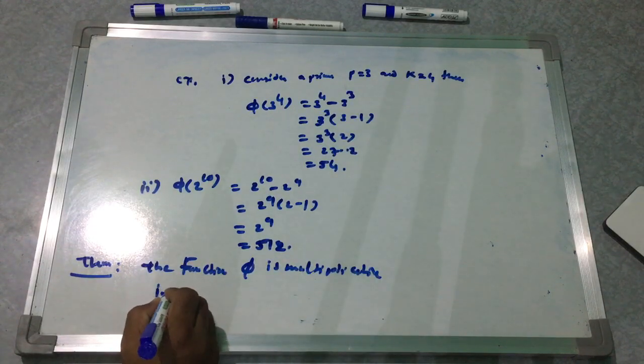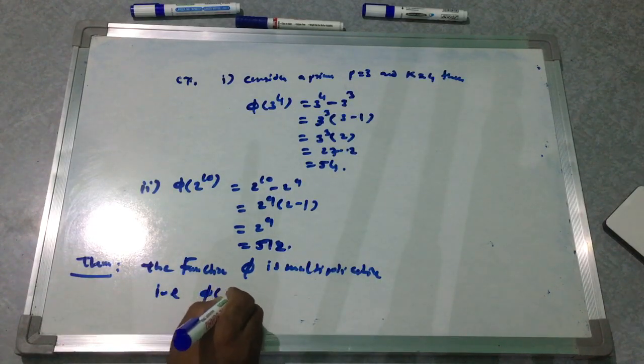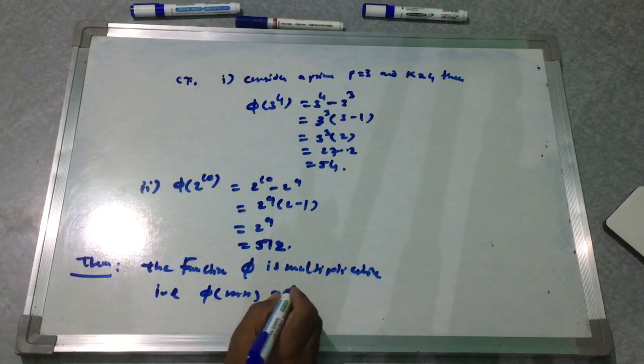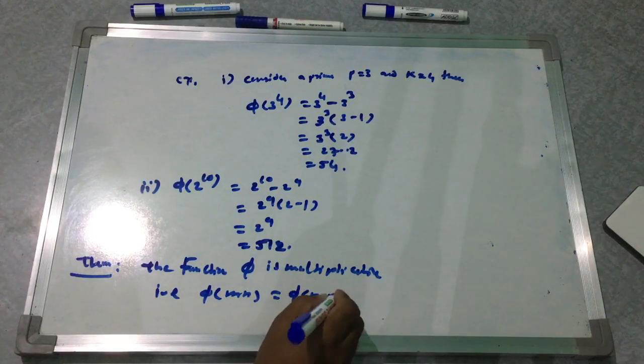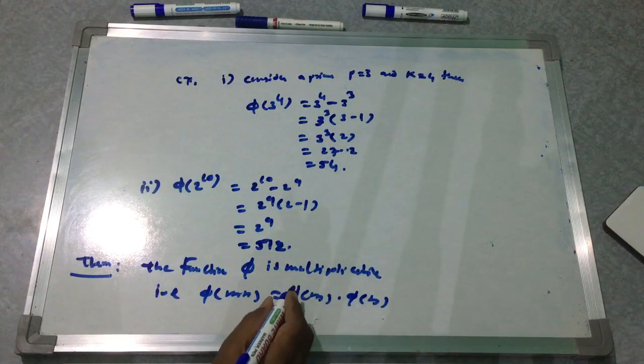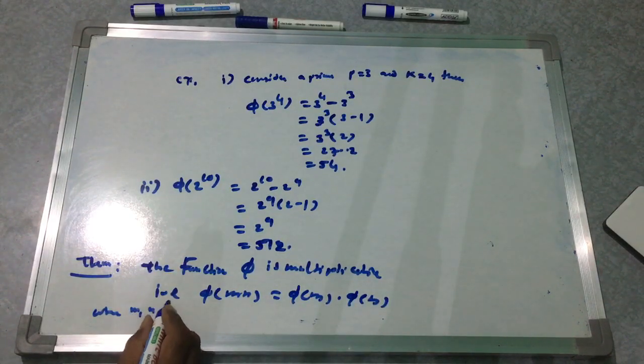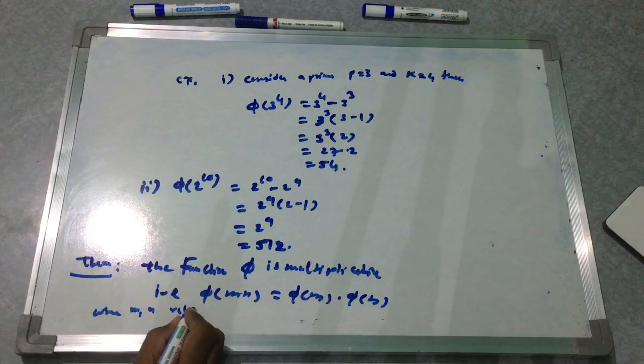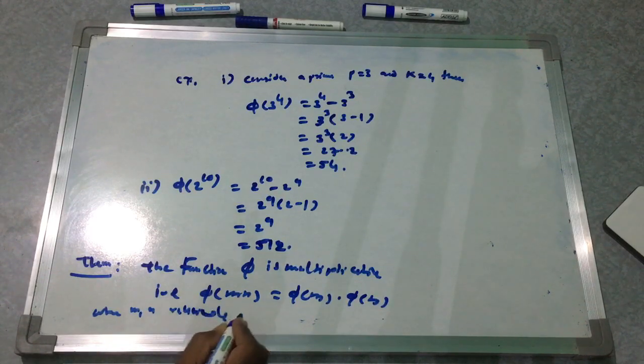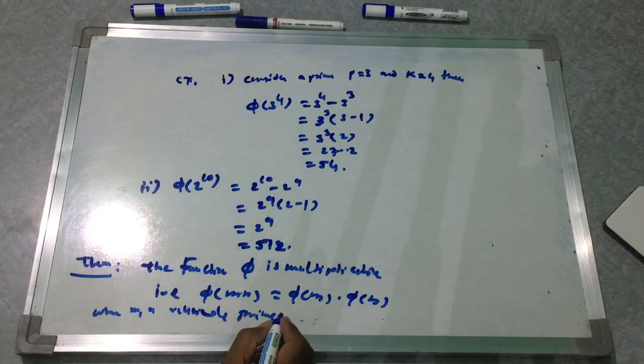That is, phi of mn is equal to phi of m into phi of n, where m and n are relatively prime integers.